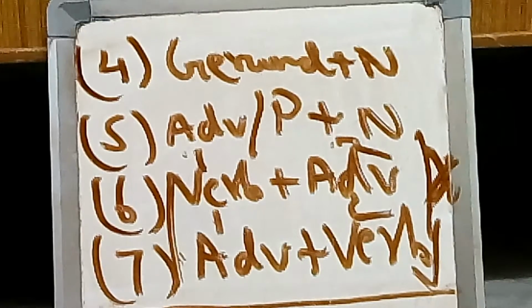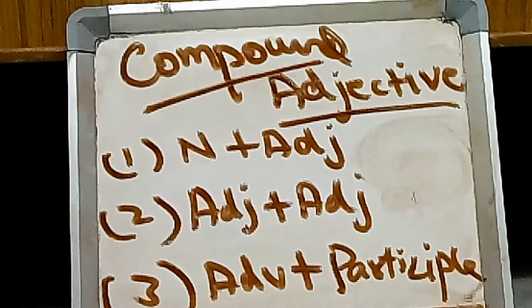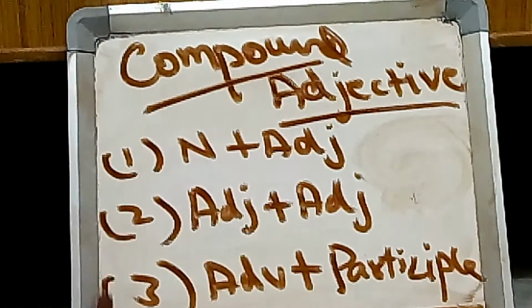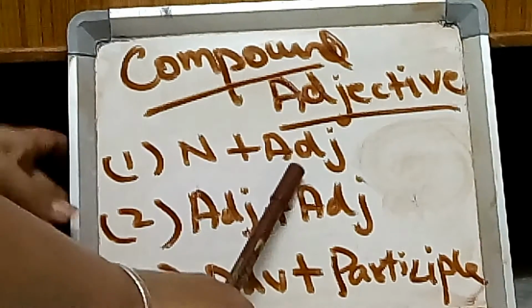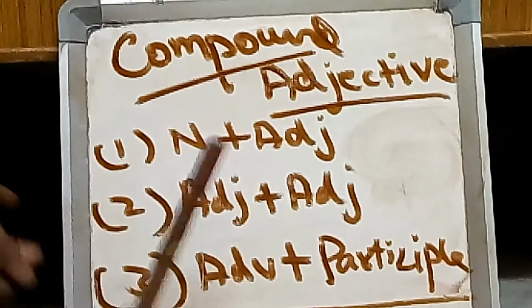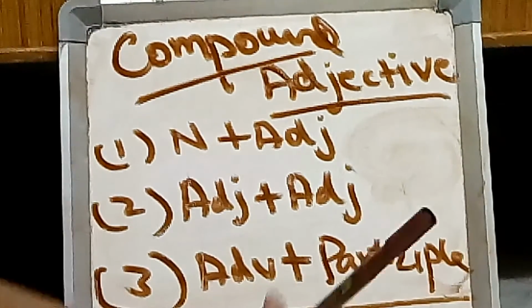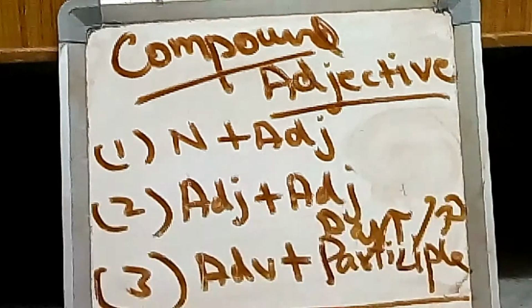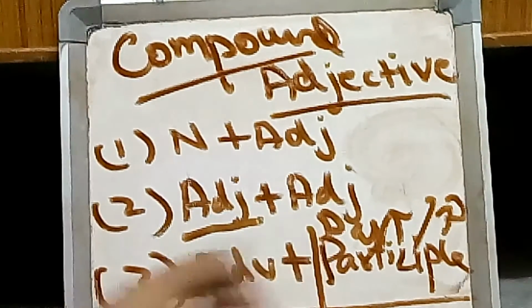Now let's see about compound adjectives. So guys, as I said, in compound adjective we only have three types. The first one is noun plus adjective. The second one is adjective plus adjective, and the third one is adverb plus participle, which could be past or present. It could be anything, but adverb plus participle.